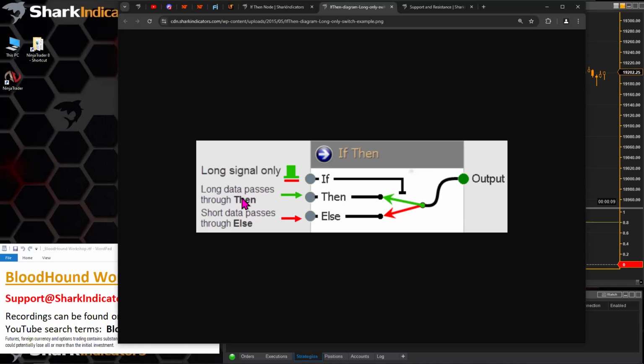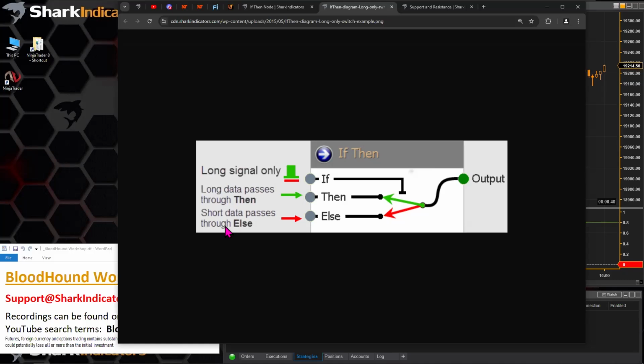the primary reason why you would want to use the if-then is if you have two different trading systems, like you have a trading system that works well with a trending market, right? So it gives you trending trade signals, and the other trading system is for consolidating markets.